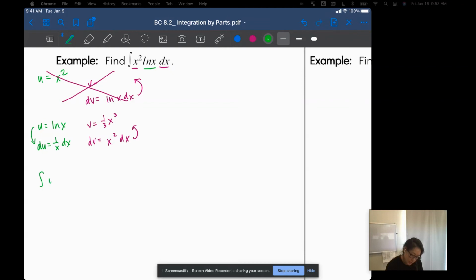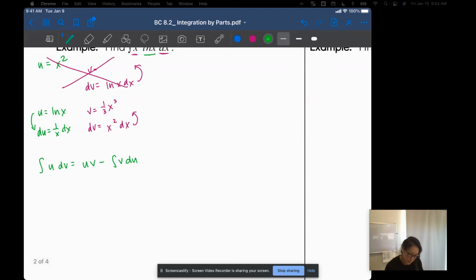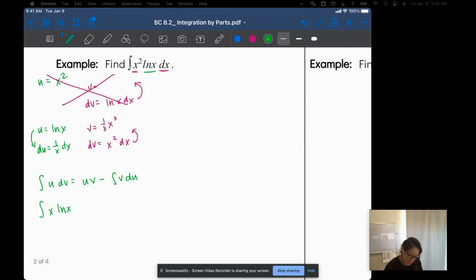I know that the antiderivative of u dv is equal to uv minus the integral of v du, ultraviolet voodoo. So x squared ln of x dx, that's the original, is equal to the ln of x times 1/3 x cubed minus the integral of 1/3 x cubed times 1 over x dx.